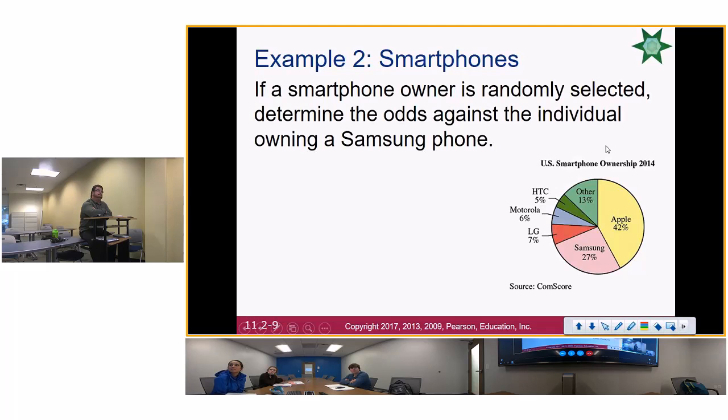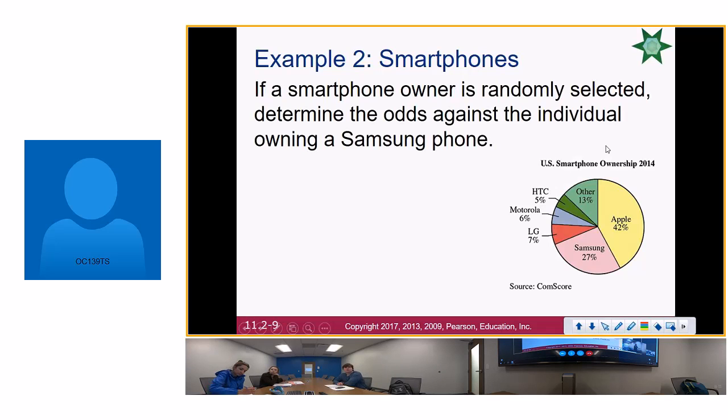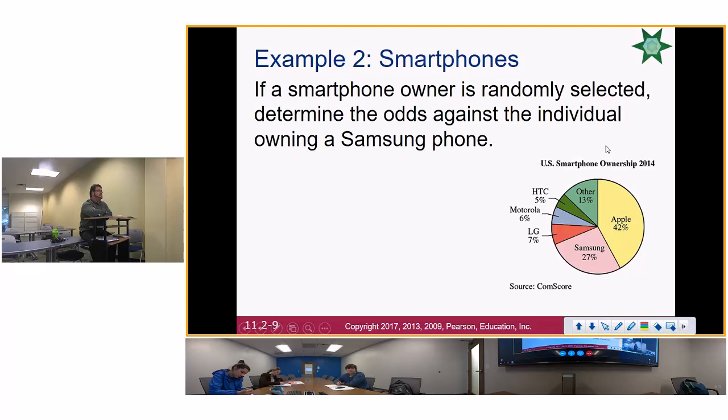All right? So, what is success? The 27%? Well, a Samsung phone would be success, right? Yes. All right. So 27% would be success. Now, that's 27 over what? 100. Good job. So 27 over 100 would be success. What would failure be? 73. Yep. So this problem is going to be 73 over 100.